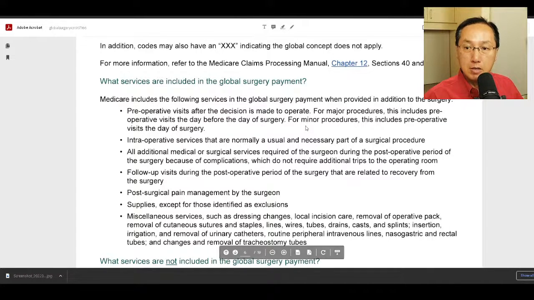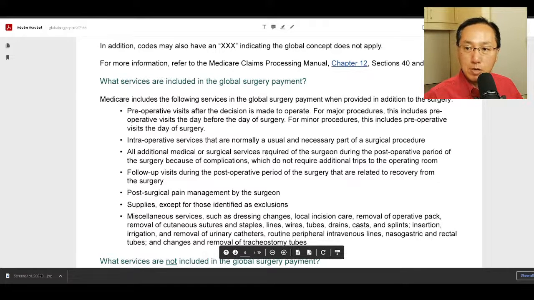It includes intraoperative services that are normally a usual and necessary part of a surgical procedure, and all additional medical or surgical services required of the surgeon during the postoperative period of the surgery because of complications, which do not require additional trips to the operating room, because there is a modifier that you can use for that unexpected return to the operating room. But we're not going to cover that today.